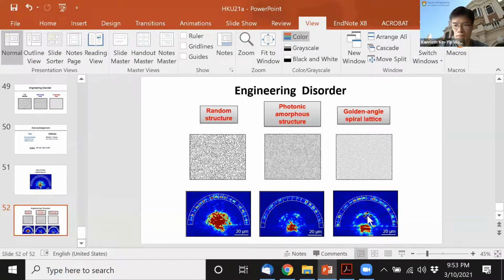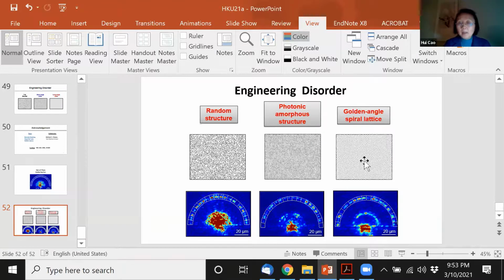There is also loss because of the impedance mismatch when the light goes in, which can also be suppressed. But here it shows that out of plane scattering loss can be dramatically reduced by introducing a certain degree of order into the disordered system. So indeed, introducing some degree of order for some particular applications could be useful.